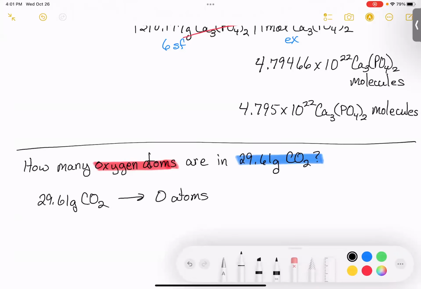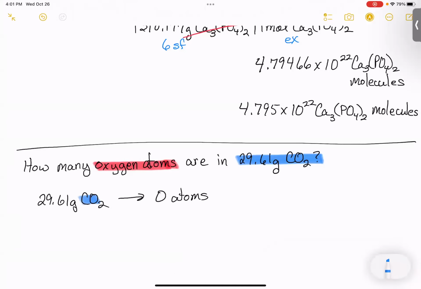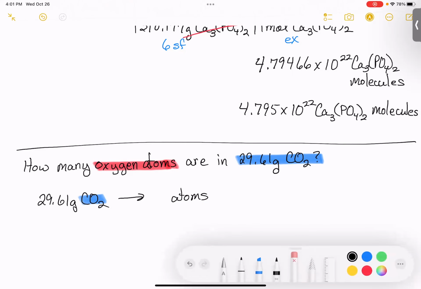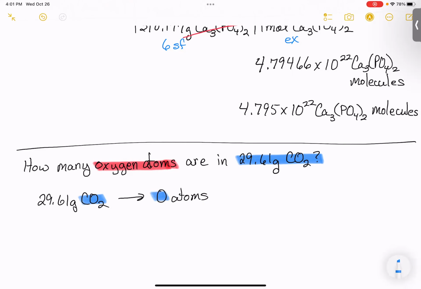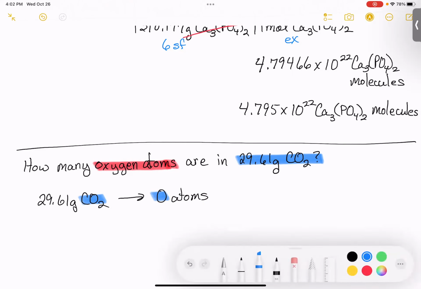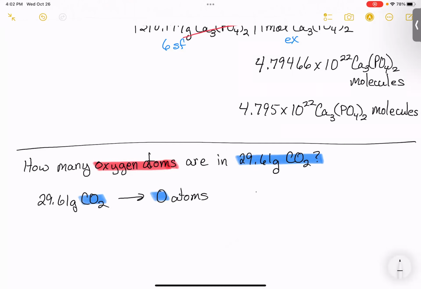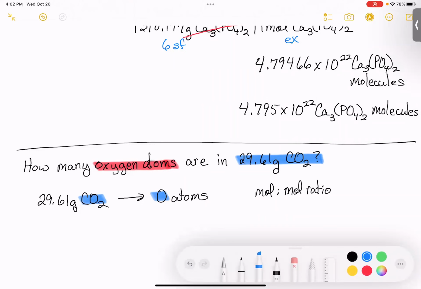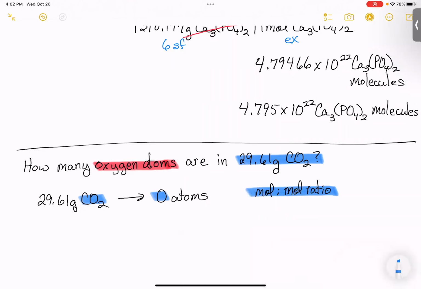First thing I note is that I have 2 different substances. Because I have 2 different substances, I will be using a mole to mole ratio this time.